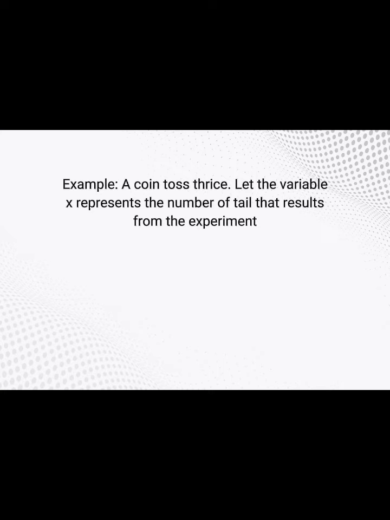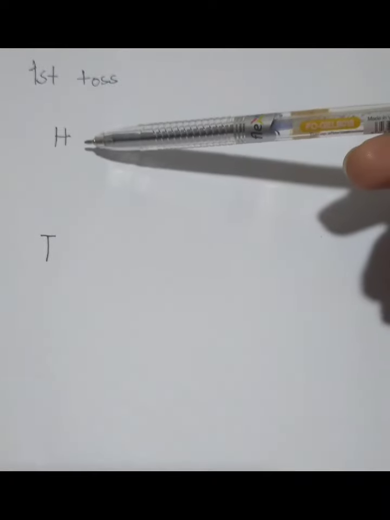Example, a coin tossed thrice. Let the variable x represent the number of tails that results from the experiment. This time we will be getting the number of tails. So, in the first toss, there are two possible outcomes. It is either head or tail.